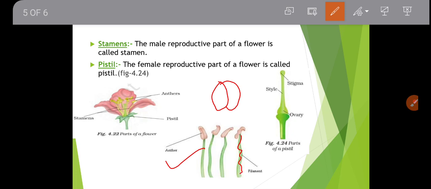And pistil is the female reproductive part of a flower. This is the structure of pistil, in which three parts are present. The uppermost part is stigma, the stalk-like structure is called style, and the bulging or swollen portion present at the bottom is known as ovary, right?